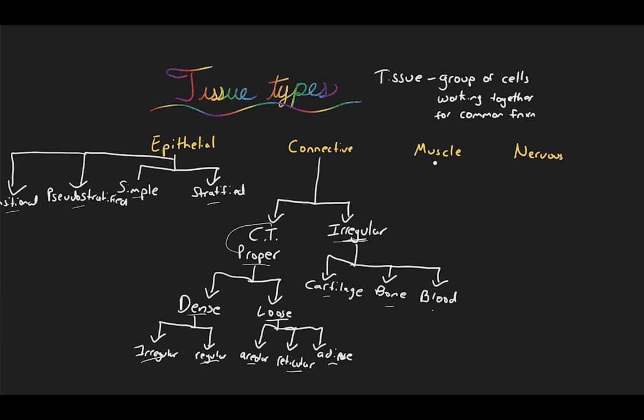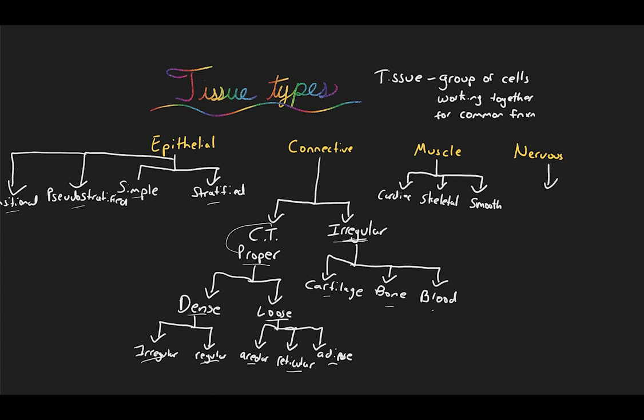All right. Now, under our muscle tissue, there are three types of muscle, and you may have heard of these before. There is cardiac, which is found in the heart, skeletal, which is found associated with the skeleton, and smooth muscle surrounding the ducts and cavities in the body.